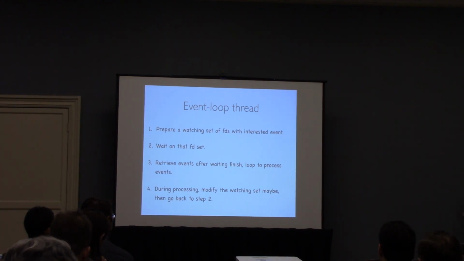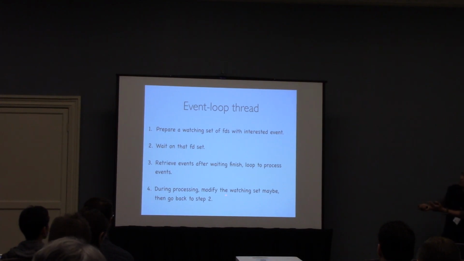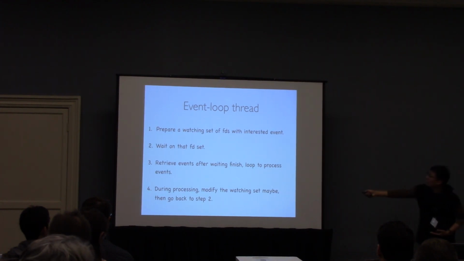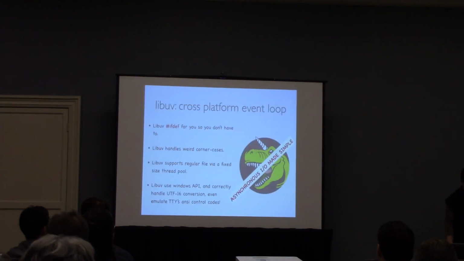And during processing, you may modify the set again. You can remove a file descriptor from the epoll file descriptor, or you can add a new file descriptor, something like that. Then you go back to step 2. This is a loop, the so-called event loop model. This enables you to do concurrent I/O operations with only one OS thread. Okay, so this is just a quick review of event-driven I/O.